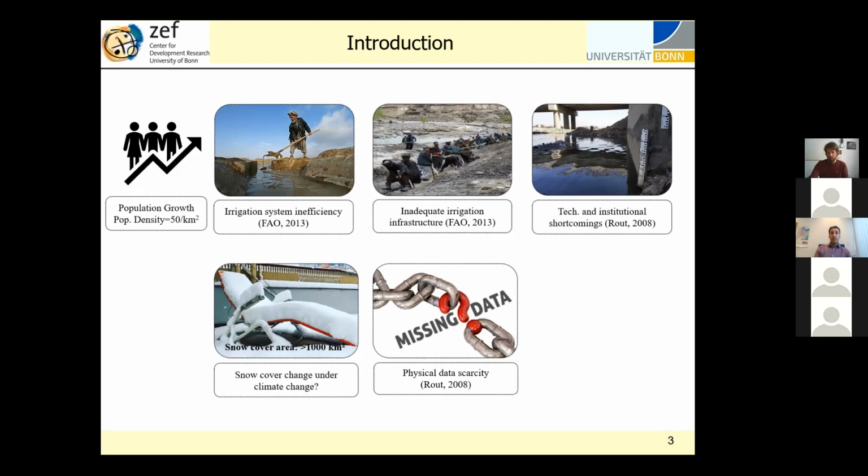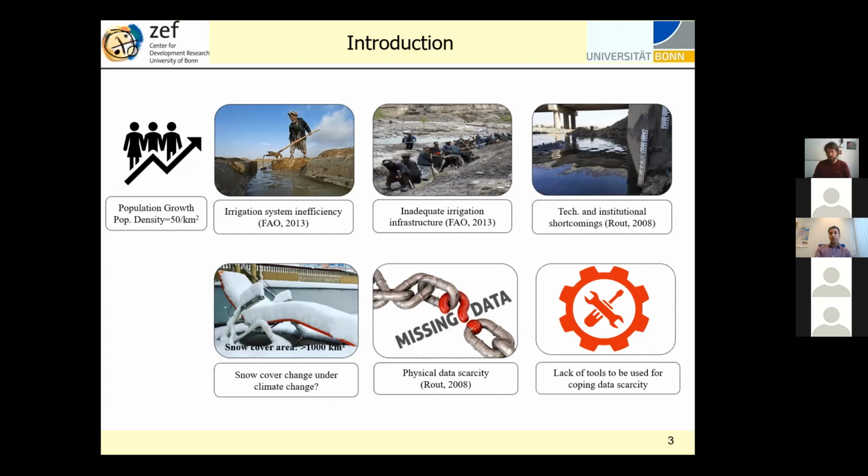So data has been the key issue, which is usually key for planning and management interventions, and that has unfortunately been missing. In the last 20 years, we did progress at some level to install stations and gather data, and so far it's working to some level. But again, we don't know what's going to happen in the next couple of years under the current regime, and that has constantly been the issue in the irrigation sector.